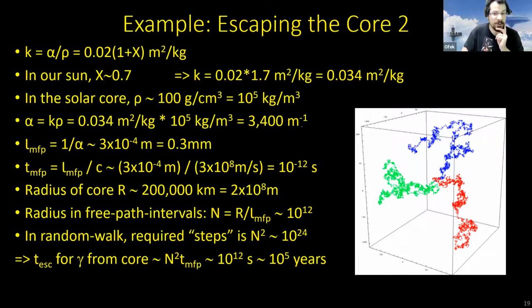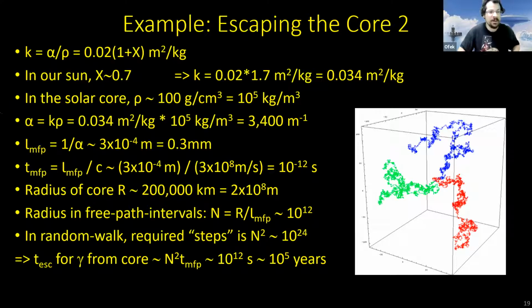So 3,400 per meter. Again, this is alpha, the opacity, in units of 1 per meter, and it basically tells us how many hits a photon will undergo along some distance. And this is basically telling us that in a single meter, the average photon will go through 3,400 hits.